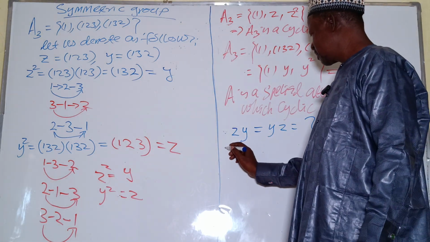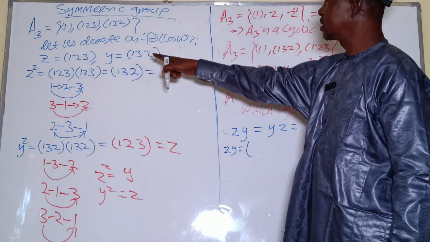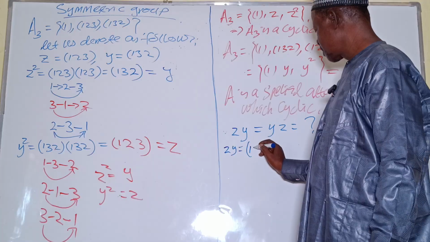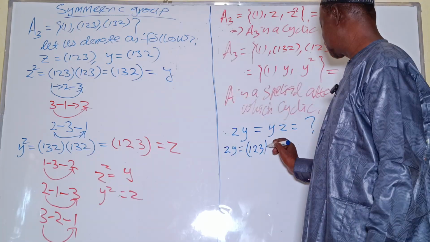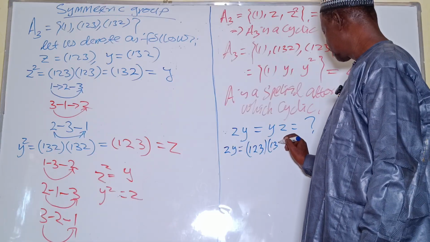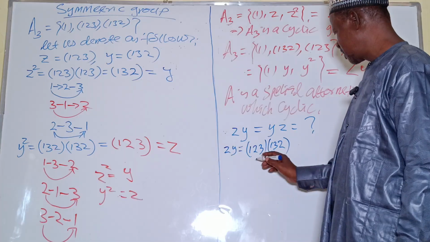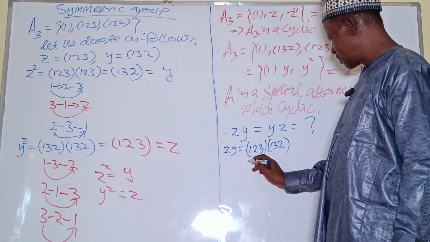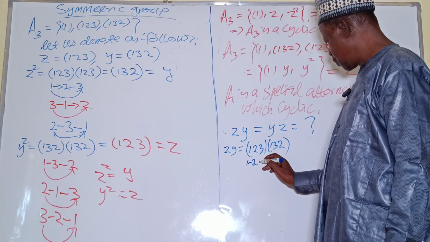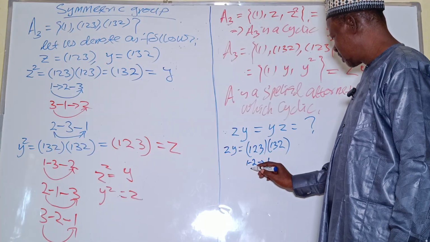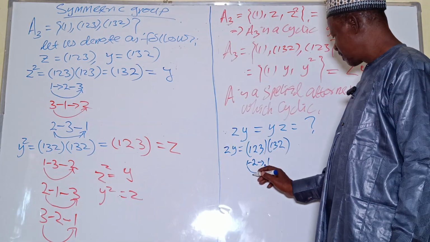Z is (1 2 3) and Y is (1 3 2). Now multiply them. This says 1 to 2, 2 to 1, so 1 is fixed.